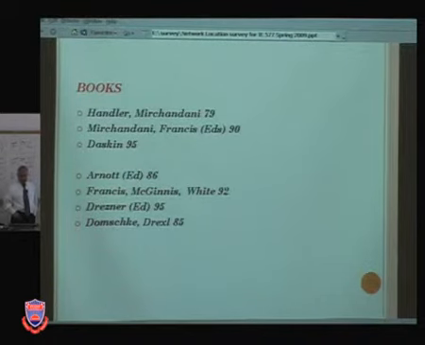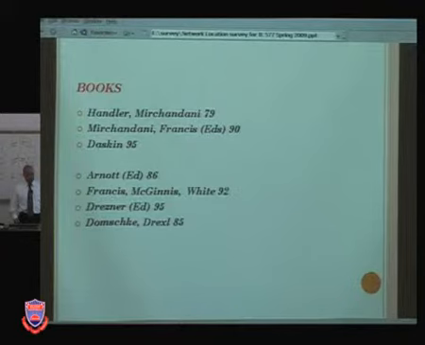There have been a number of books published. Handler and Mirchandani is the first book, published back in '79. Unfortunately, it doesn't cover all the stuff that I wanted to cover in the class. And there's an edited book by Mirchandani and Francis that appeared in '90. Daskin wrote a book in '95, but none of these books are really as comprehensive as I would normally expect them to be.